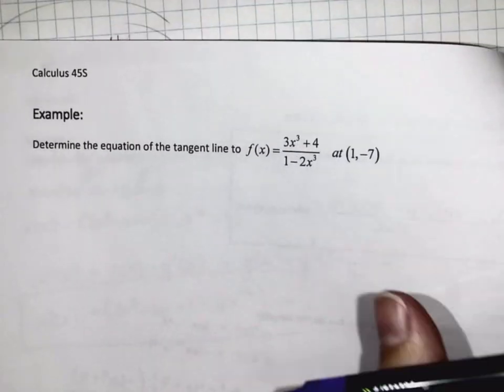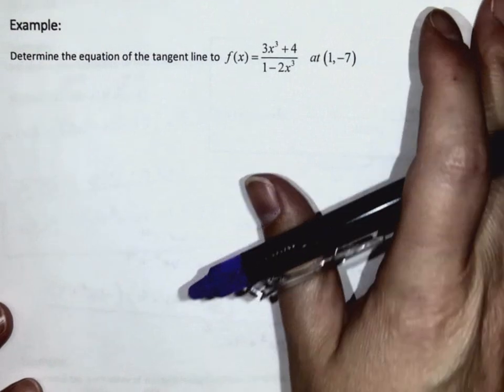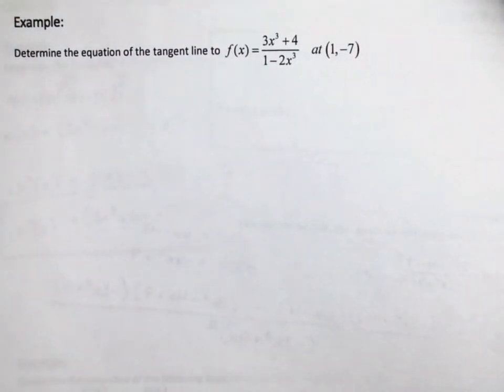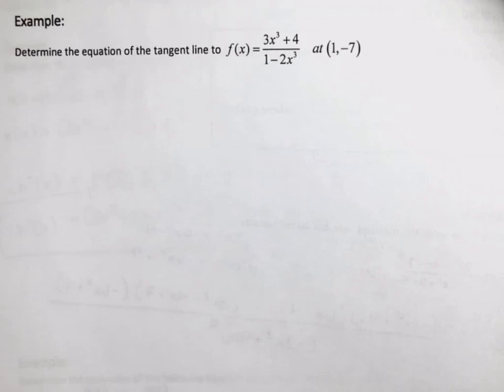Now we're going to use this. We're going to determine the equation of the tangent line to this particular function at a particular point. So what does the derivative tell us? Which is the slope.